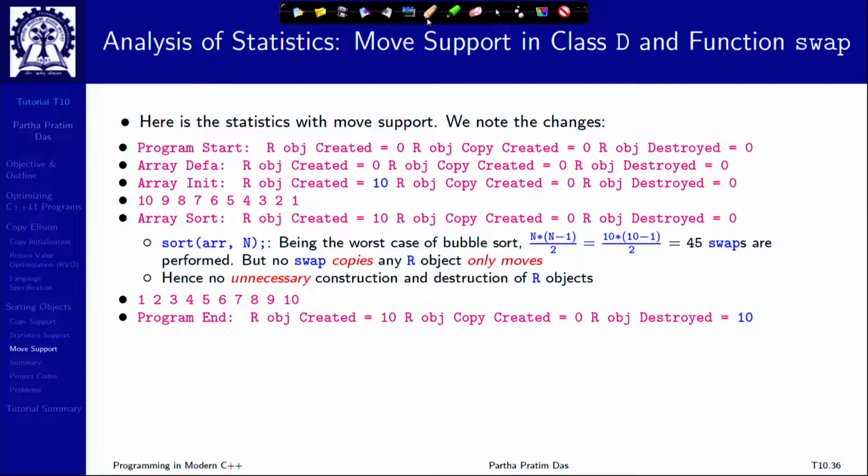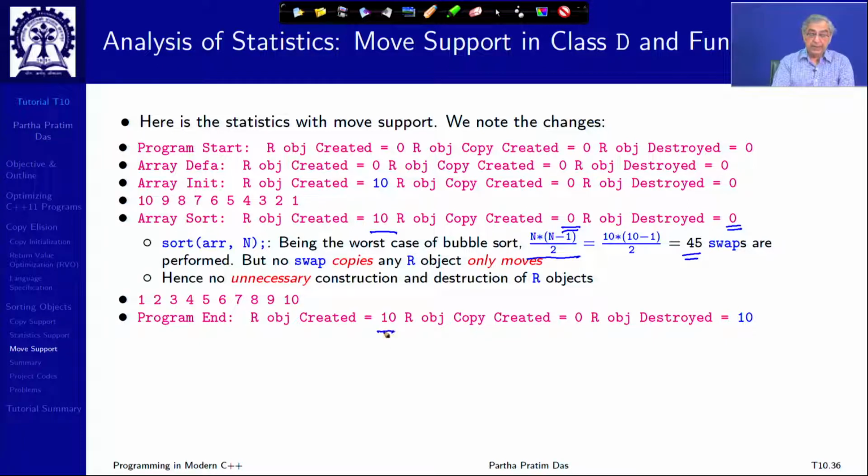Therefore, with this modified swap function if you run, you will see that in the sort there is no copy created of the R object, neither therefore are they destroyed. So, if you analyze, all that you need is 45 swaps, which needed earlier 135 construction destruction, but all those unnecessary construction destruction has been optimized out.